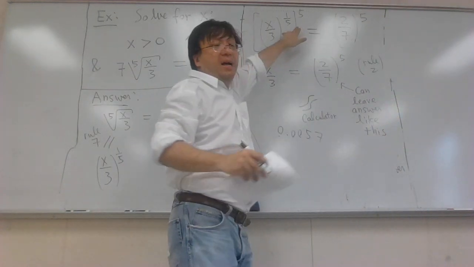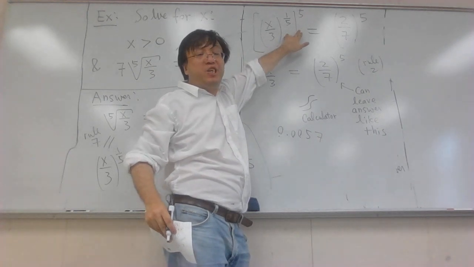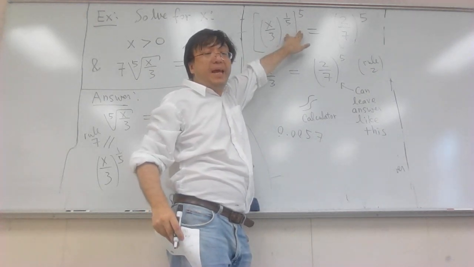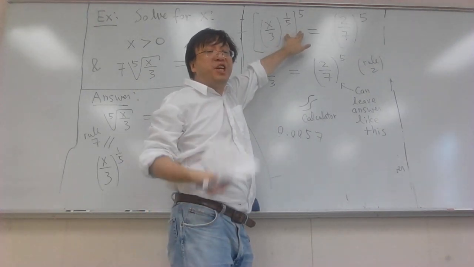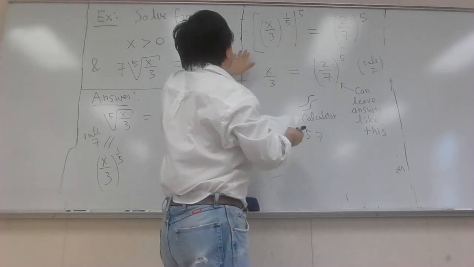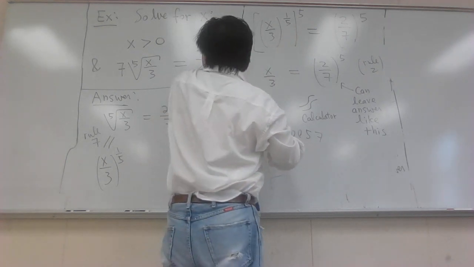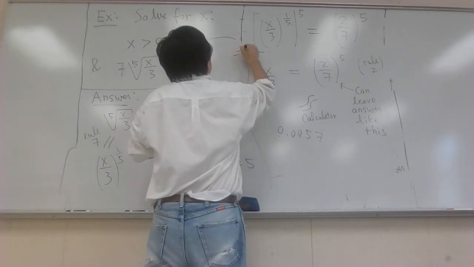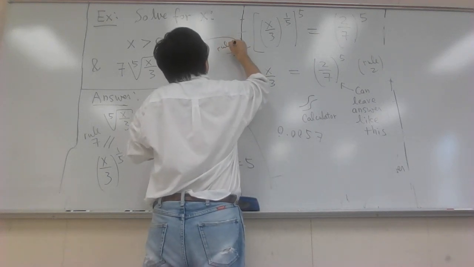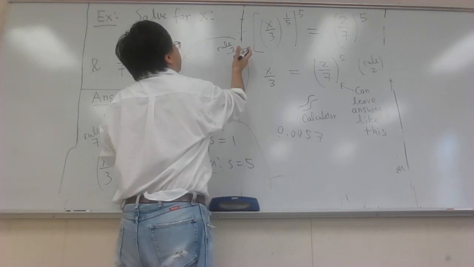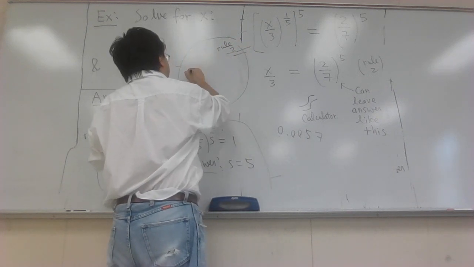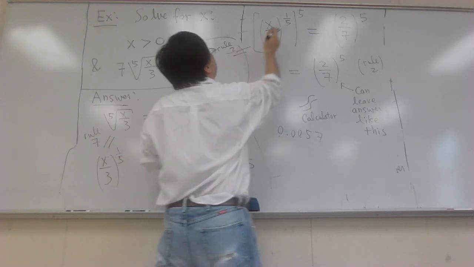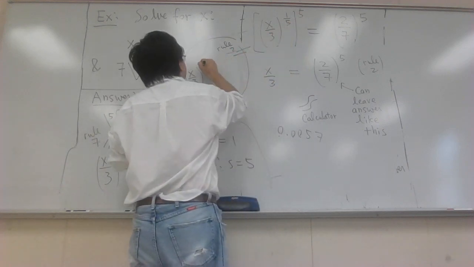Then on the left-hand side, we have a repeated exponentiation. By rule 2, which says that repeated exponentiation is multiplying the powers together, this is just x divided by 3 to the power of 1 over 5 times 5.